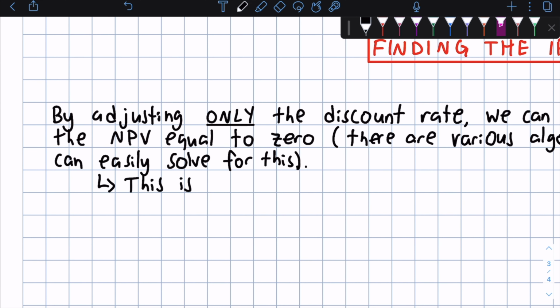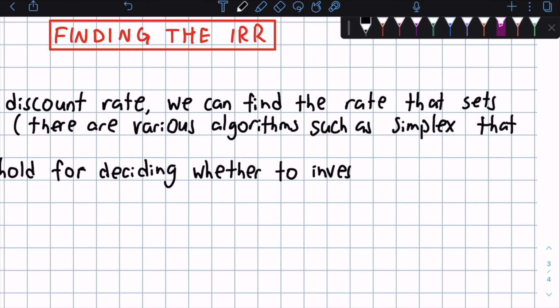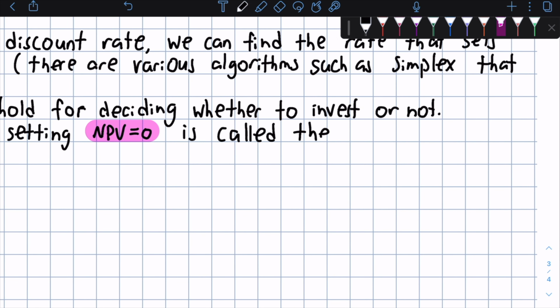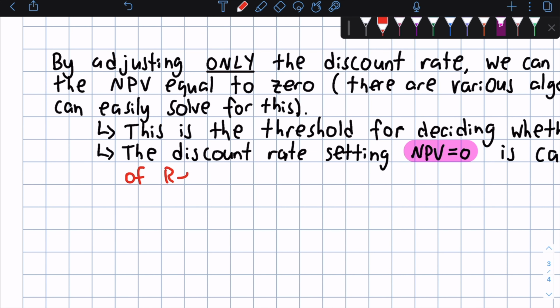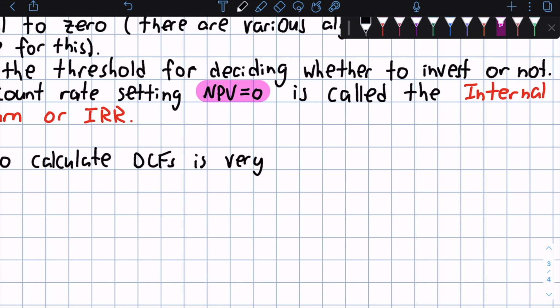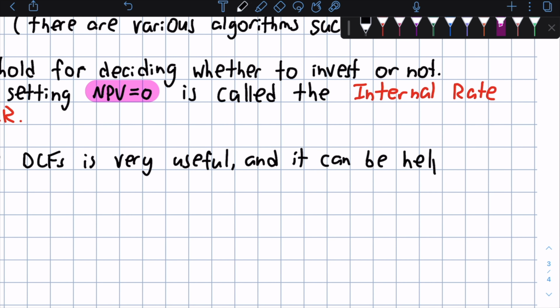This is the threshold for deciding whether to invest or not, exactly at that point when NPV is 0. The discount rate setting NPV equal to 0 is called the internal rate of return, or IRR. Knowing how to calculate DCFs is very useful, and it can be helpful to find out under which conditions an investment or company is profitable.